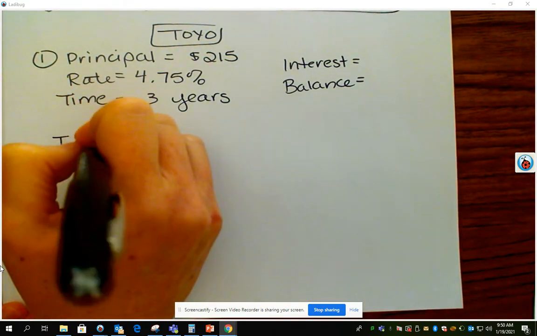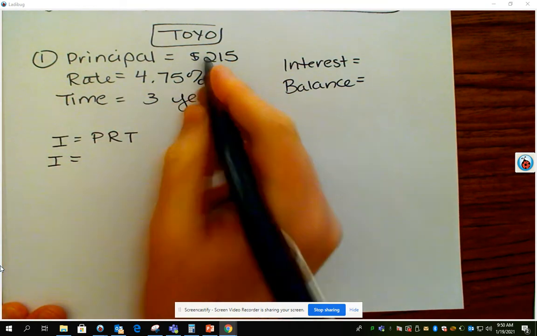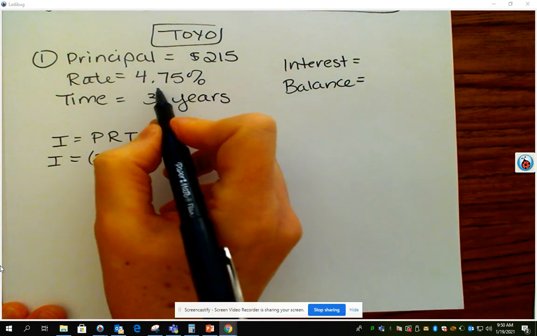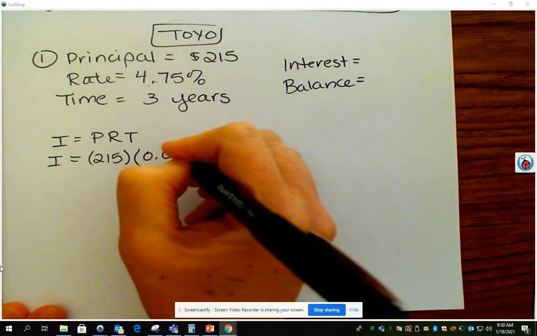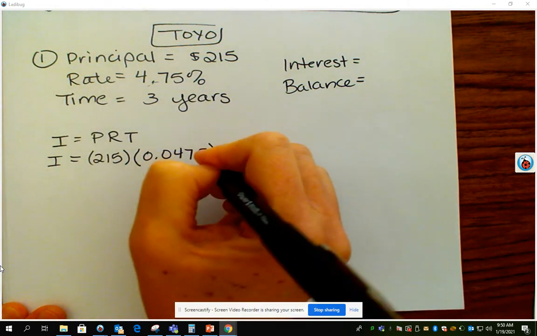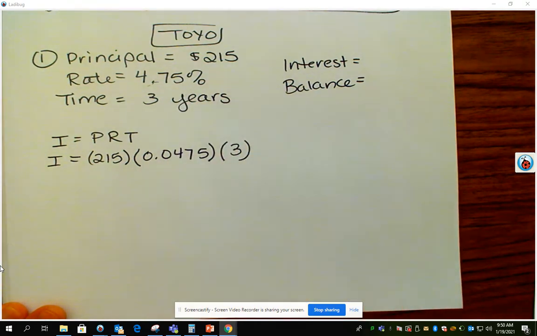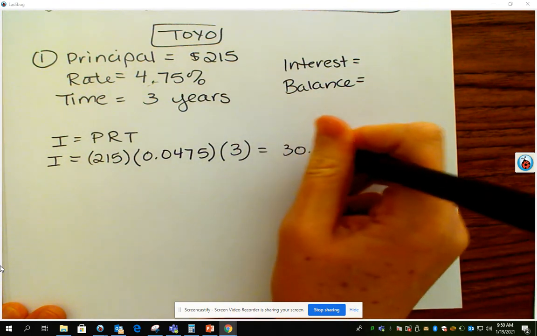Remember, interest equals PRT. So interest is going to be our principal of $215 times our rate as a decimal. So 2 places to the left, so 0.0475. And our time in years was already given in years, so we just can do times 3. We multiply those, we're going to get 30.64.